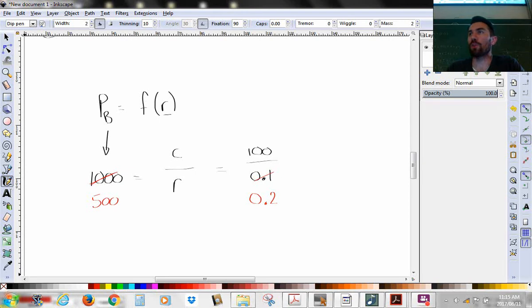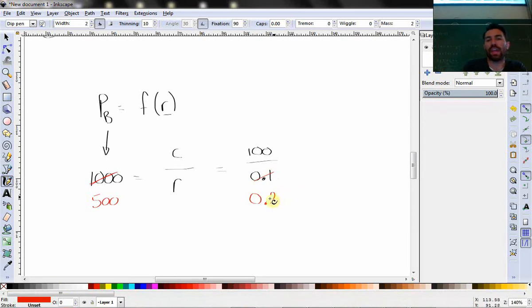Price of the bond would fall to 500. Does it not? Did I do that calculation wrong? What's 100 divided by 0.2? 500. Yeah. In other words, when the interest rate goes up, what happens to the price of a bond? Price of a bond goes down.